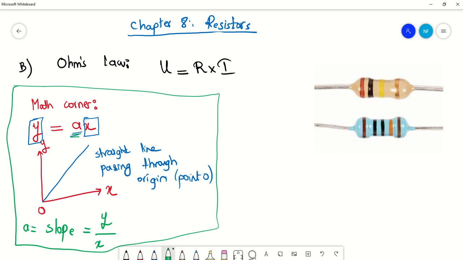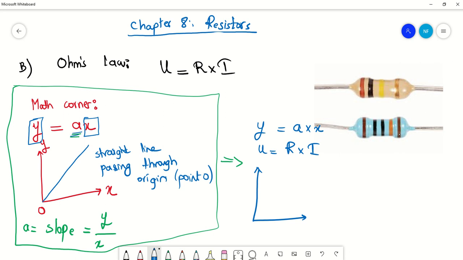Let's now return to our physics. Why are we explaining this? We are explaining this to use it in Ohm's law. Let's start. Ohm's law, the equation of it is U equals R times I. It's identical to Y equals A times X. If I'm trying to draw the figure, this time on the vertical axis, what do I have?